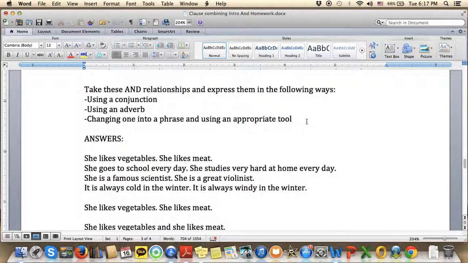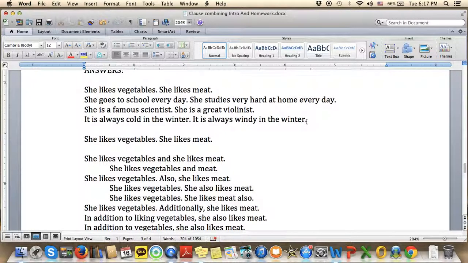Now remember, when we change something into a phrase, we need to look at what we've got here. She likes vegetables, she likes meat. We want to take one of them and get rid of the time on the verb. The way we do that is we usually change it into the ing form, and taking the subject and removing any subject aspect to it.